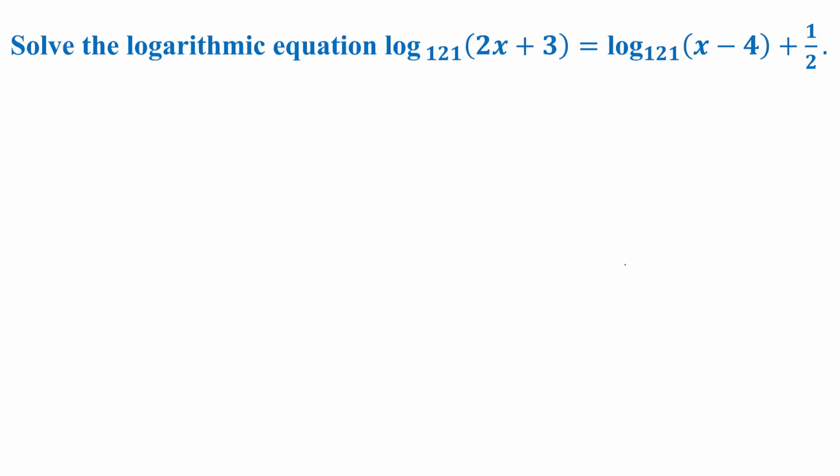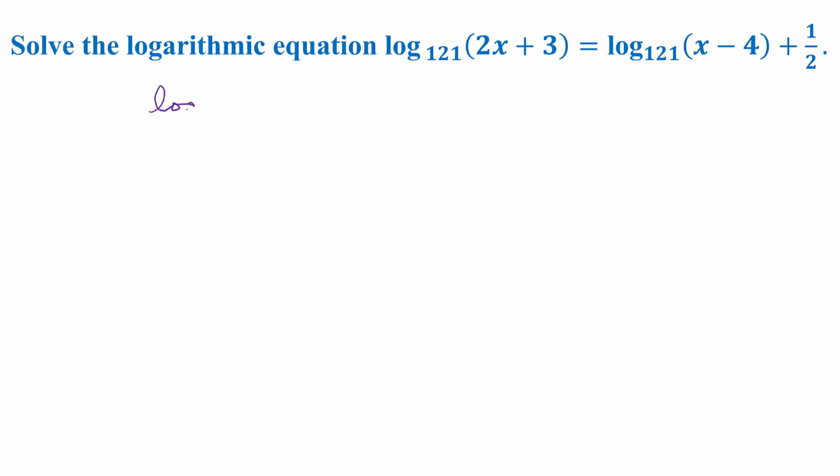Now let's solve the logarithmic equation. Log to the base 121 of 2x plus 3 equals log to the base 121 of x minus 4 plus 1/2. In this case, I think I want to get both logarithms on the left side, so I'll subtract log to the base 121 of x minus 4 from each side.